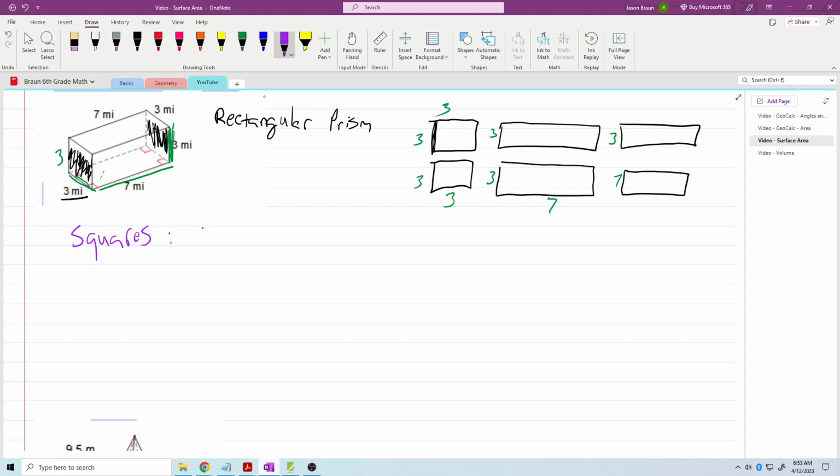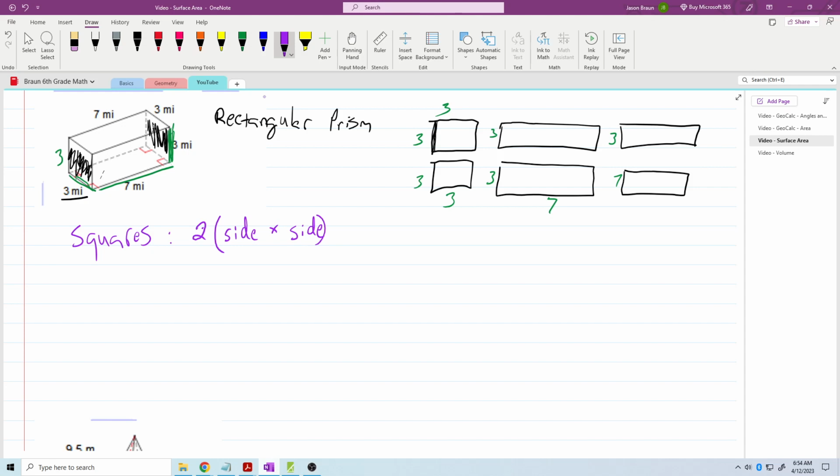These are also my faces. Your faces are always going to be the same exact dimensions. Here in this case, the square is my face. I have 2. I like to set it up like this: 2 times side times side.